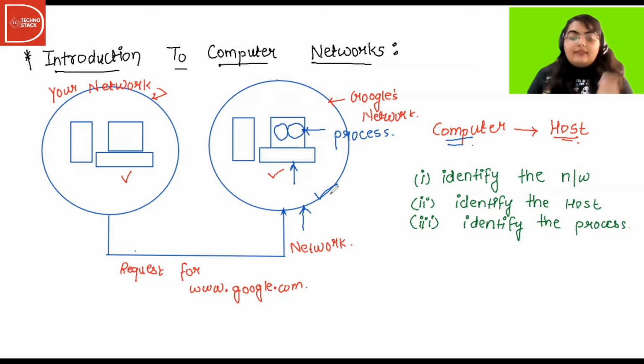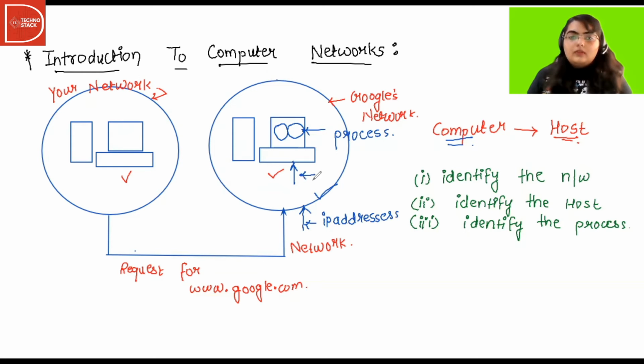Now for every computer we need to identify which network. If you're referring to two people, you need to know their names, right? So when you're referring to all the networks, hosts and processes, you should know an individual unique name for them. For network, we'll identify them by unique IP addresses.